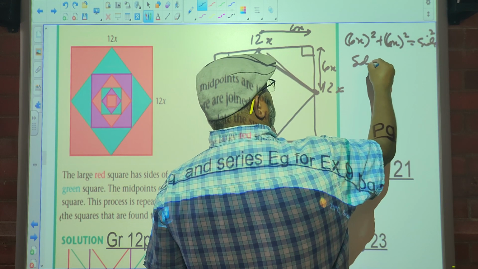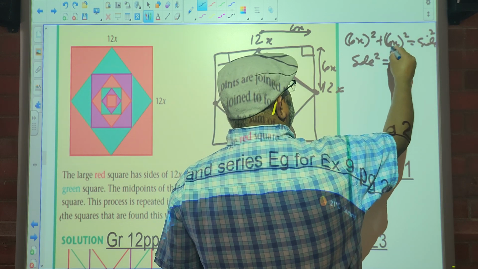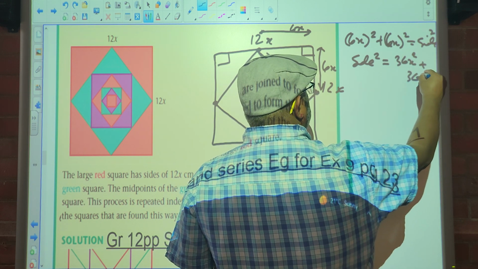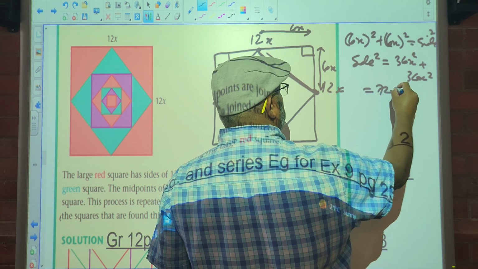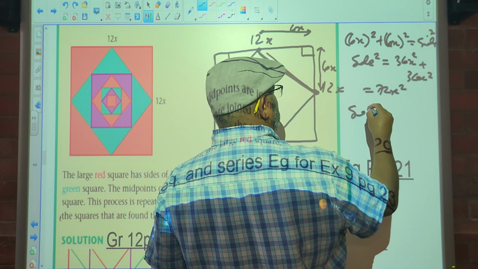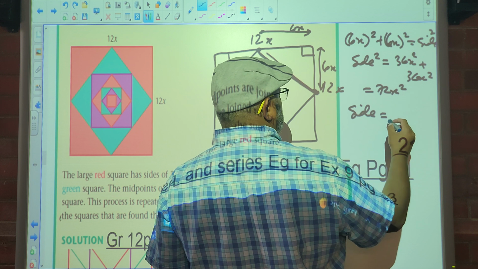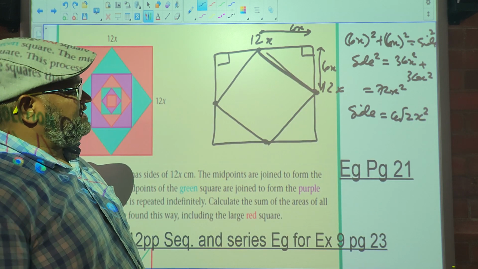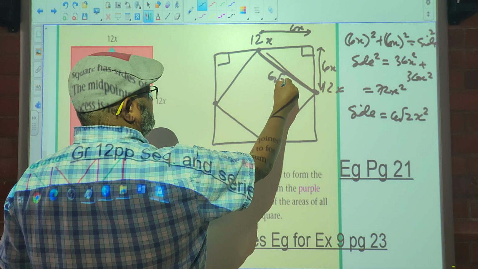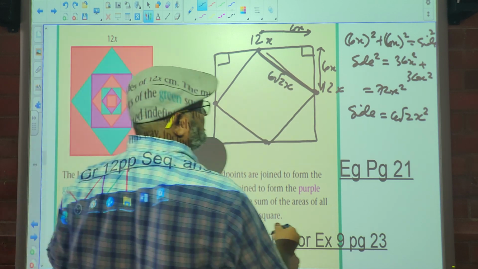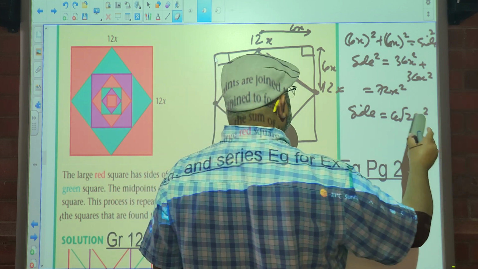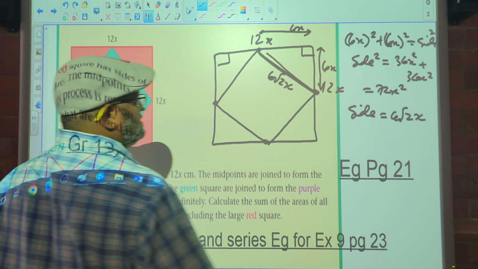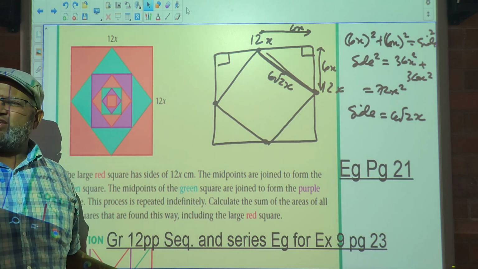So the side squared is equal to 36x squared plus 36x squared, which gives me 72x squared. And if I take the square root thereof to get the side on its own, it's going to be 6 root 2 x. Not x squared, because I'm taking the square root of that x squared as well. So 6 root 2 x.